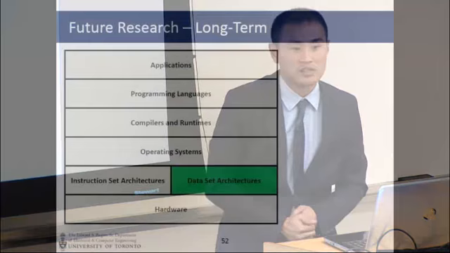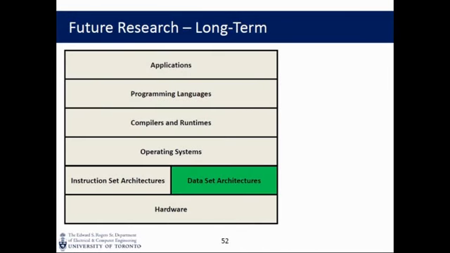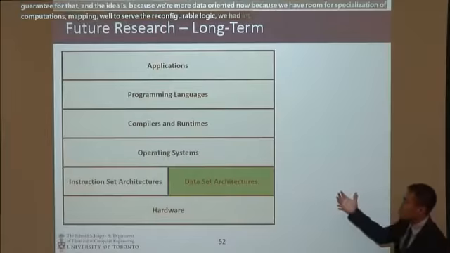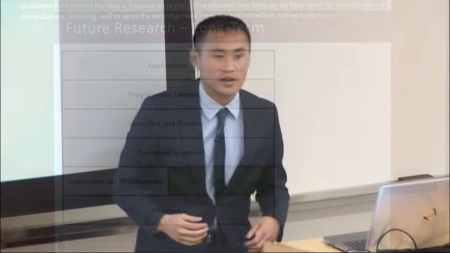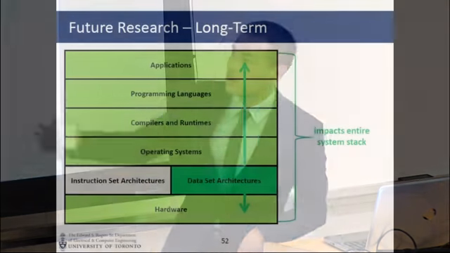Then the idea is, because we're more data-oriented now, and because we have room for specialization of our computations, mapping well to the reconfigurable logic we have in Catapult, can we have more of these DSA-based architectures, where the data context is the one that's made explicit? And then naturally, this is going to impact the entire system stack.